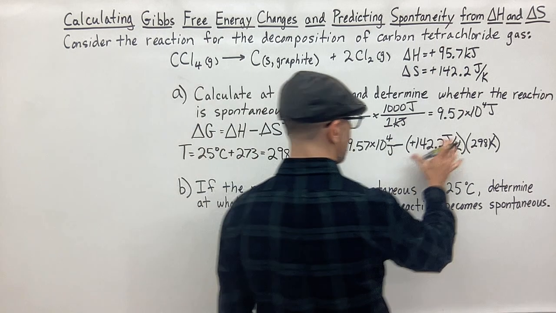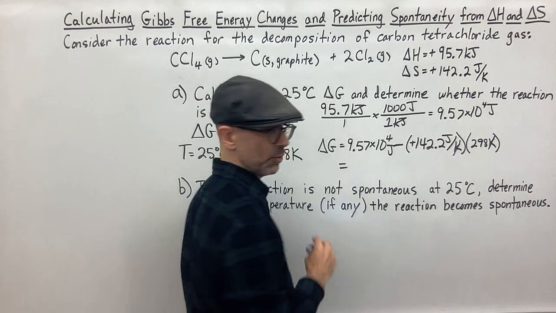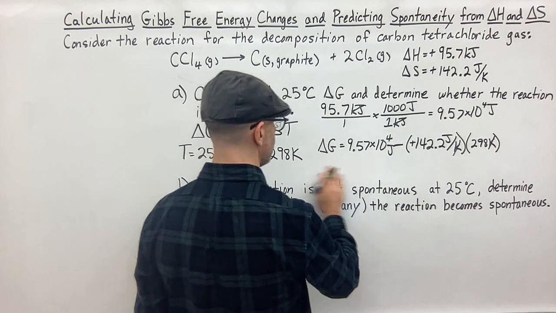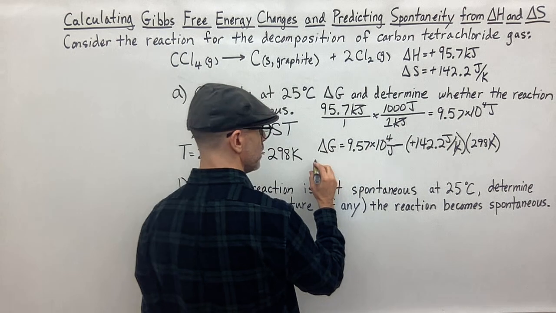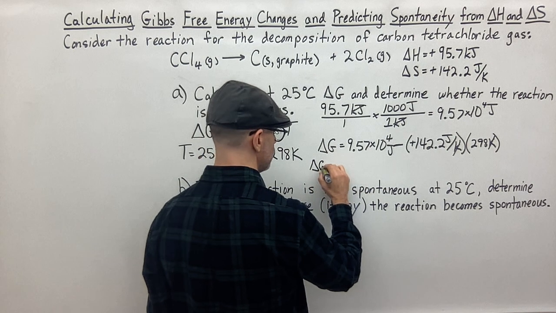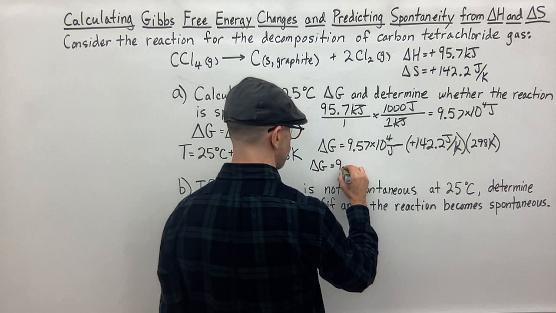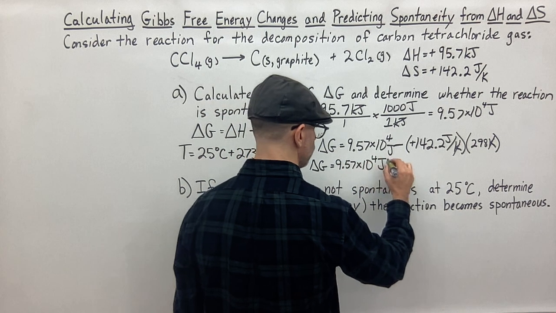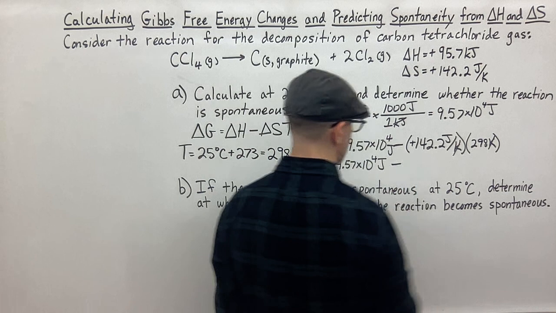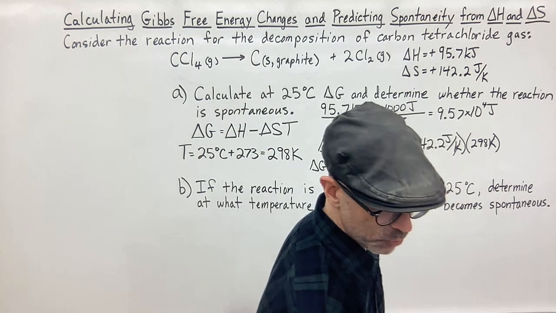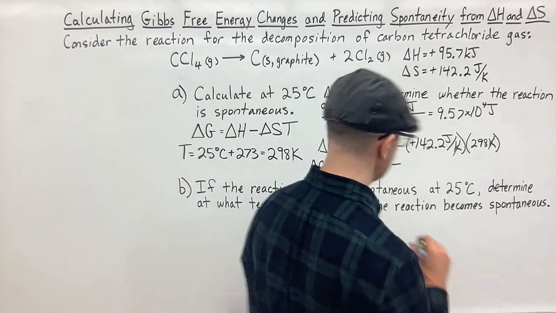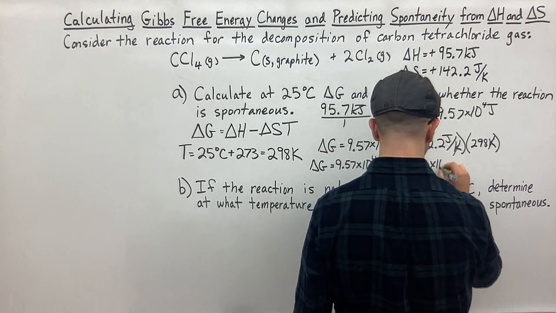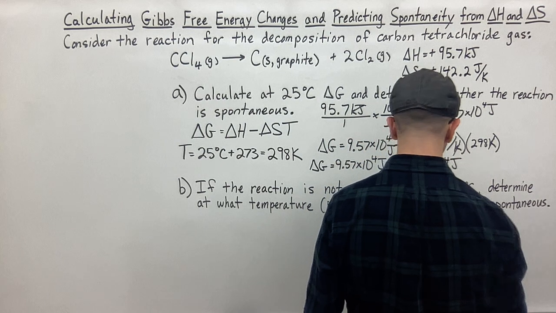So when we calculate this out, we end up with a delta G of, let me calculate it a little bit more. So we have delta G is equal to 9.57 times 10 to the 4th joules. And that's going to give us a minus, what do we get here? 4.24 times 10 to the 4 joules.